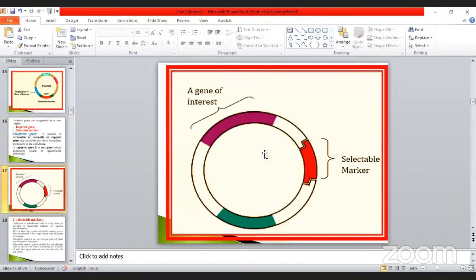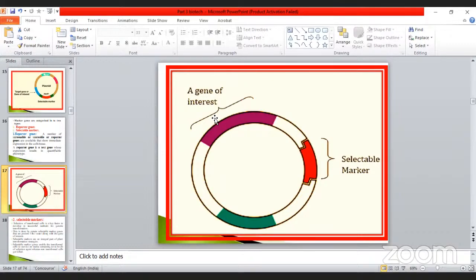See the structure. This is the plasmid already on our board, which we discussed in a previous slide. The purple color indicates the gene of interest. Then there is ampicillin resistance, or whatever it may be.